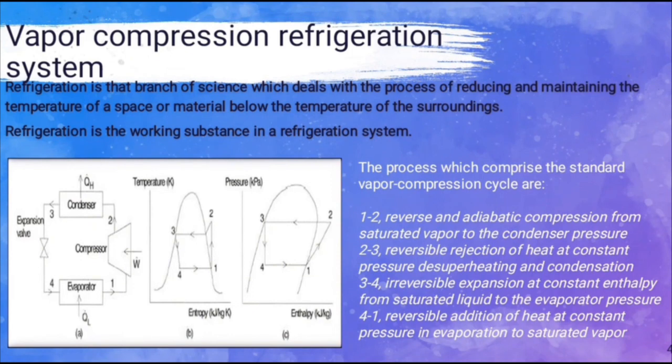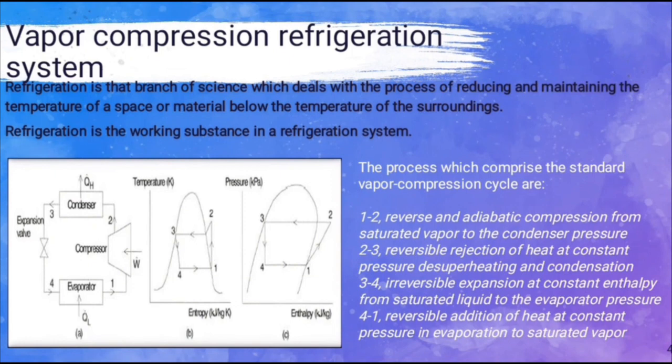Second, the condenser. Considered isobaric heat rejection, or constant pressure. The superheating and condensation, that's the 2 to 3 process. By the way, the inlet of the condenser is considered saturated vapor and the outlet is considered saturated liquid. Third, the expansion valve.